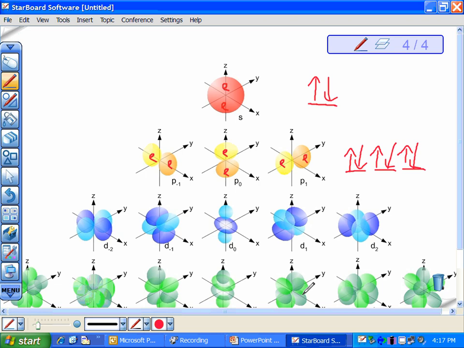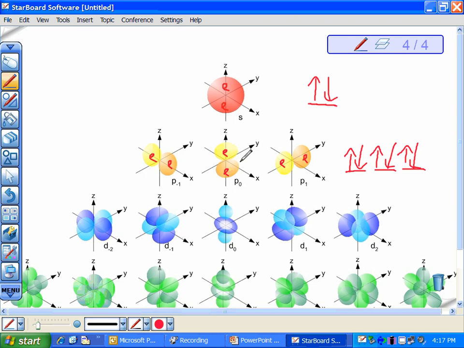Now if you want to draw these pictures instead of drawing the blanks, you can. But this is what the blanks are representing. So the S has just this one sphere shape. The P's, we say they're dumbbell. To me, they kind of look like a peanut shape, balloons with lobes. And you guys might have studied the X, Y, and Z axis. The X and Y, you graph that all the time. The Z axis is actually 3-dimensional coming out at you.